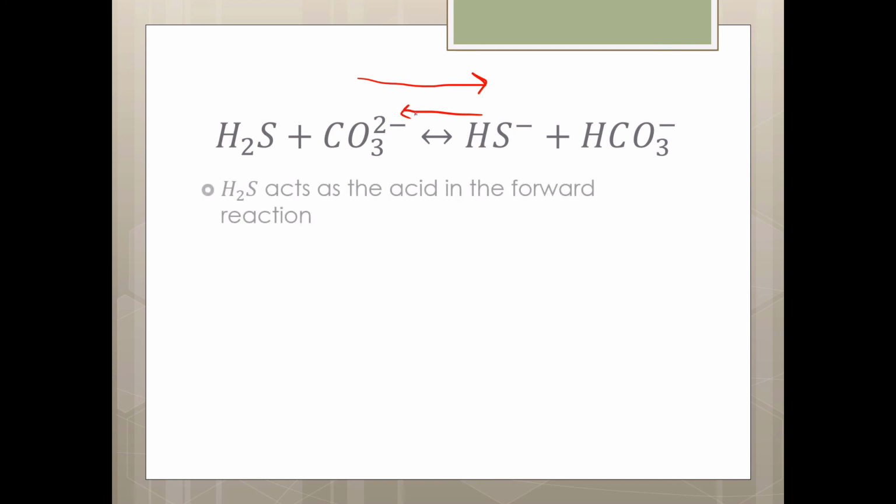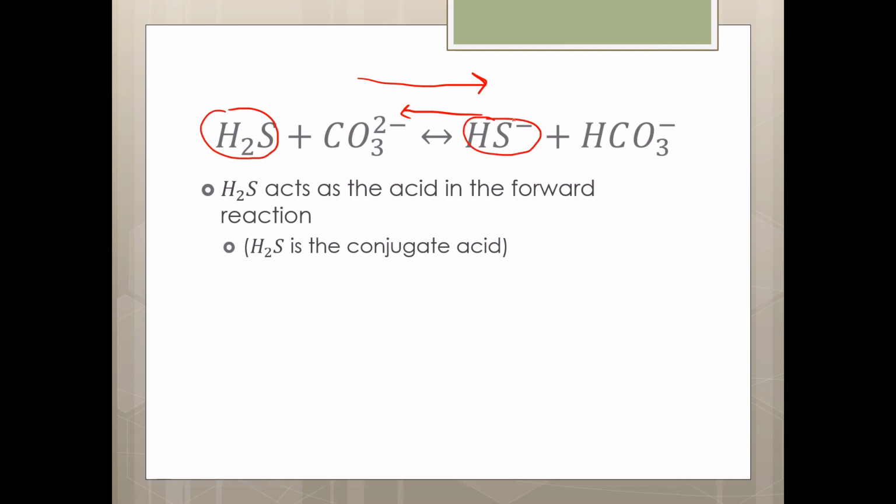In the forward reaction, it's easy to see that the H2S, the hydrosulfuric acid, acts as the acid, because here you're going from H2S to HS minus. So in the forward reaction, the H2S is the acid, and the HS minus is its conjugate base.